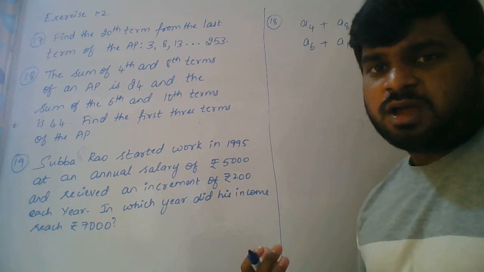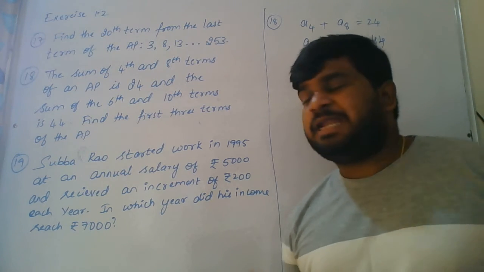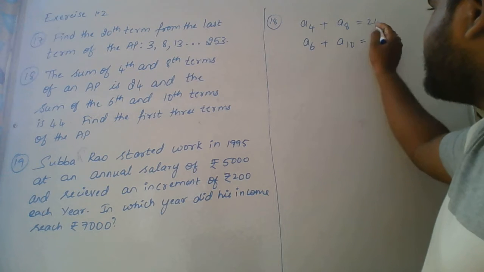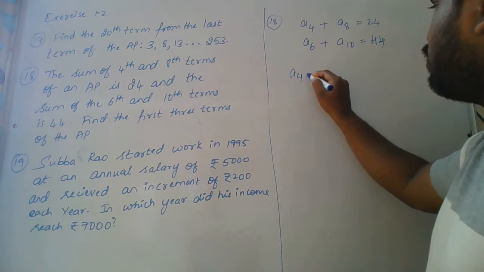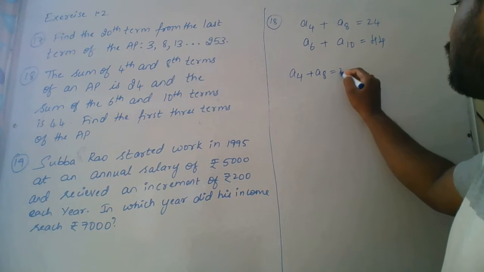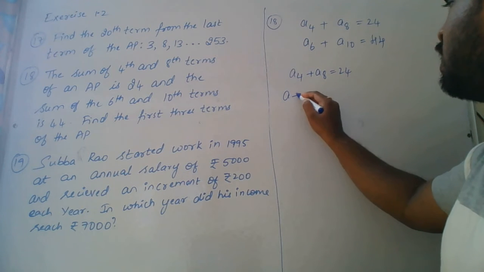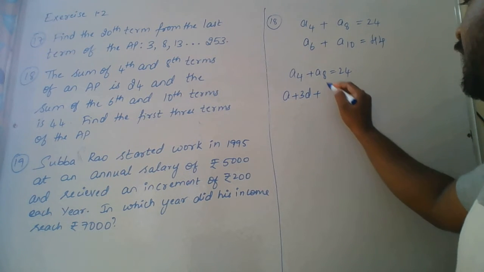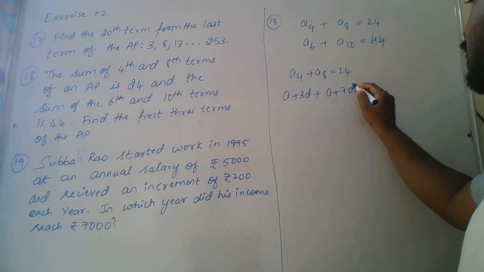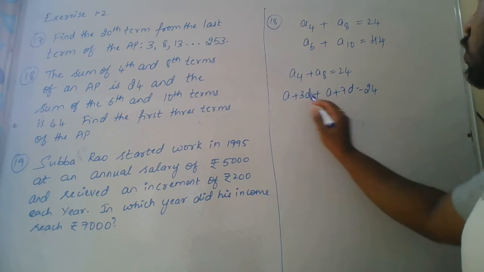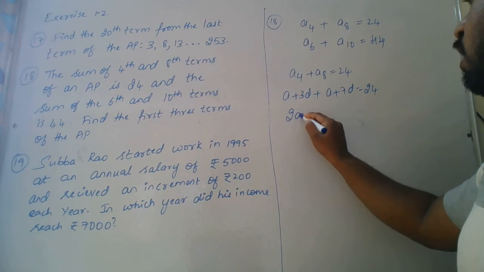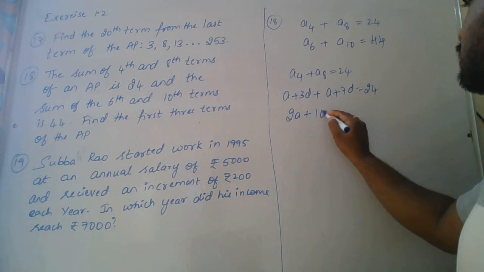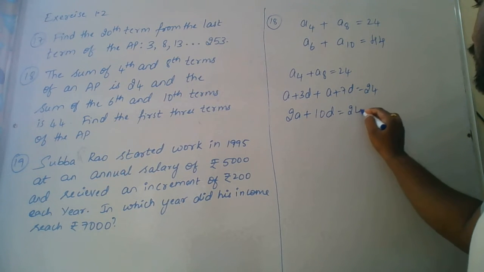As usual, whichever term it is, you should know the value of A and D. Let's take A4 plus A8 equals 24. A4 is A plus 3D, A8 is A plus 7D, equals 24. So A plus A is 2A, 3D plus 7D is 10D, equals 24.